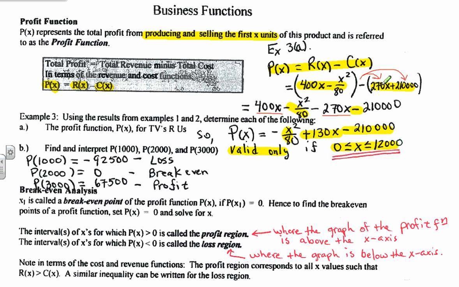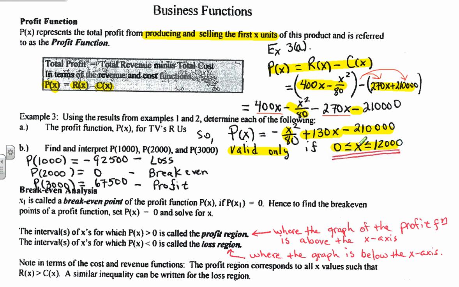The total cost function, its domain was all real numbers, or all positive real numbers. So the domain for the profit function has to match the domain of the revenue function. So the domain of the profit function is between 0 and 12,000. In other words, X here represents any number in a given month.